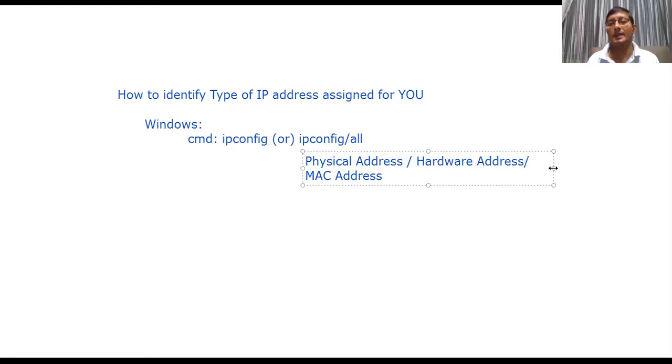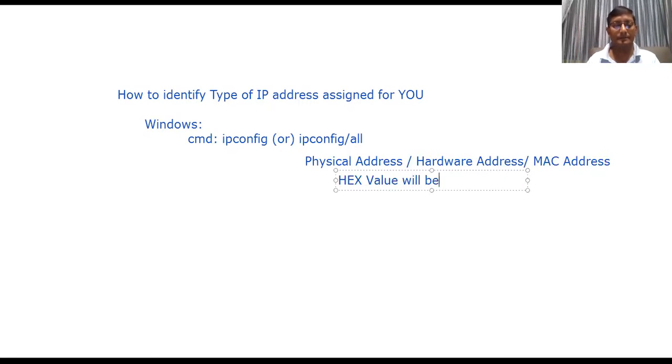This hardware address, physical address, or MAC address will be assigned by the manufacturer. This is a hex value, and the hex value will be assigned by the manufacturer of your LAN card.